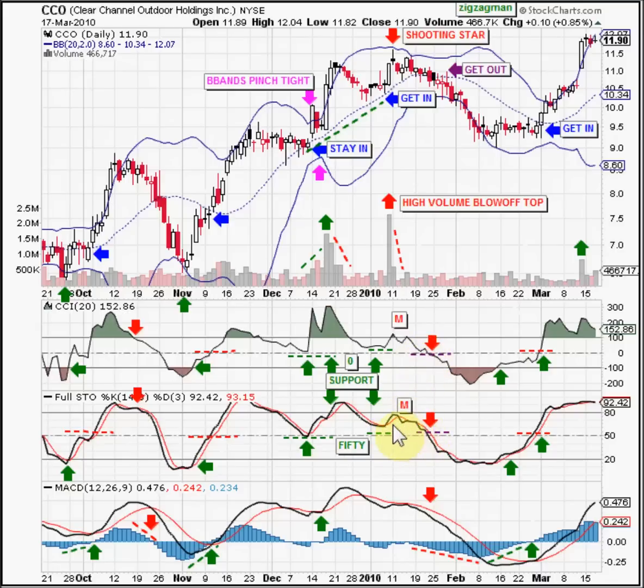When it breaks below that level of support, the M will break down. It's bearish, and that kind of signals to you that the stochastics is going to break below 50 and that the CCI is finally going to break below 0 as the candlesticks break below the middle Bollinger Band.